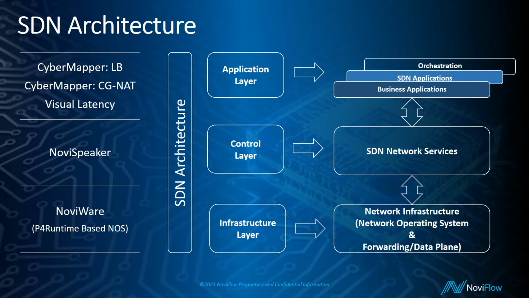All these protocols and interfaces are completely based on the open networking SDN architecture. NoviSpeaker belongs to the control plane part of this stack, so this presentation will concentrate more on the control plane and its northbound and southbound interfaces.